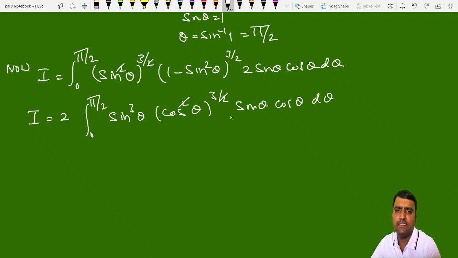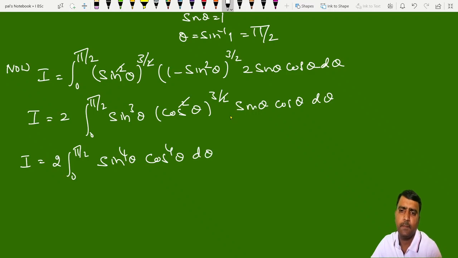So I is equal to 2 into the integration from 0 to pi by 2 of sin to the power 4 theta, since sin cube theta into sin theta is sin to the power 4 theta, and cos to the power 4 theta, since cos cube theta into cos theta is cos to the power 4 theta, into d theta.